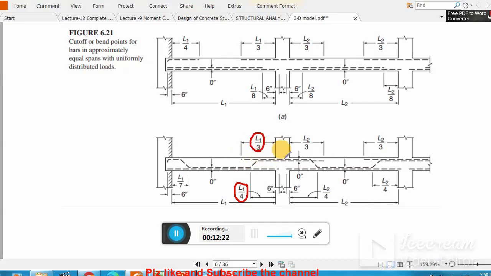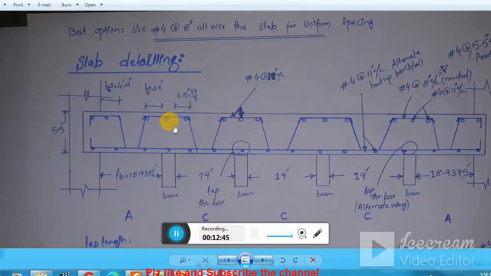Now here is a very important discussion: the bar which is bent up from that side is extended for a distance of L by 3. This is alternating of bars. So here you have the option to bend up the bar at a distance of Ln by 3.